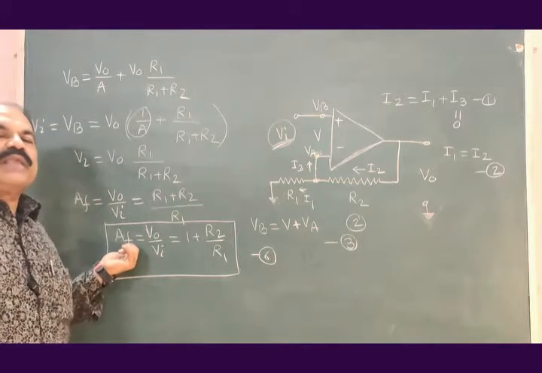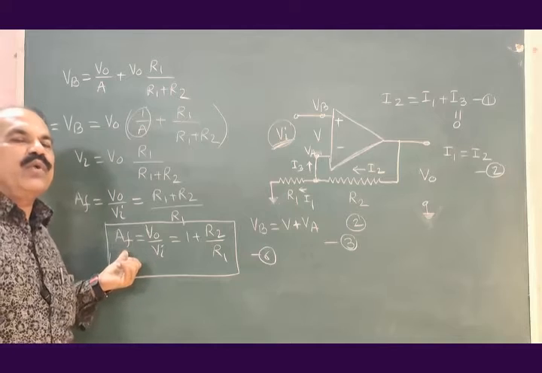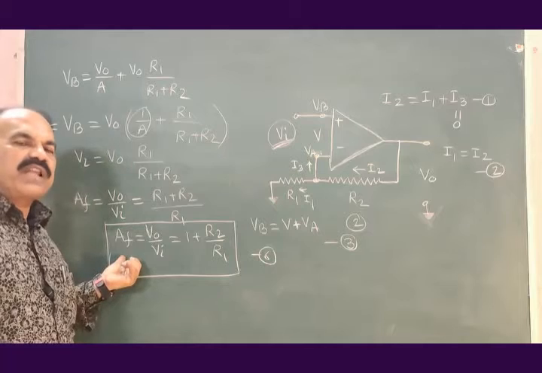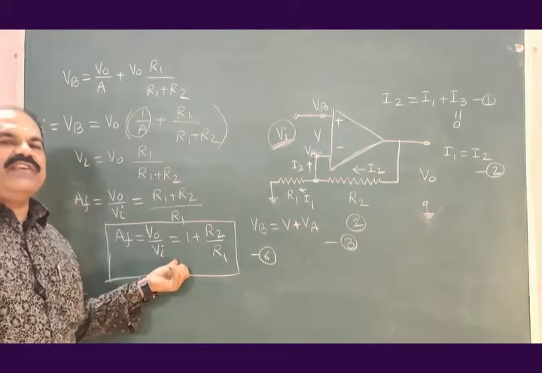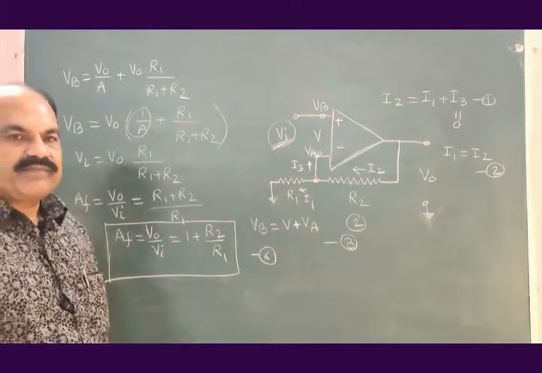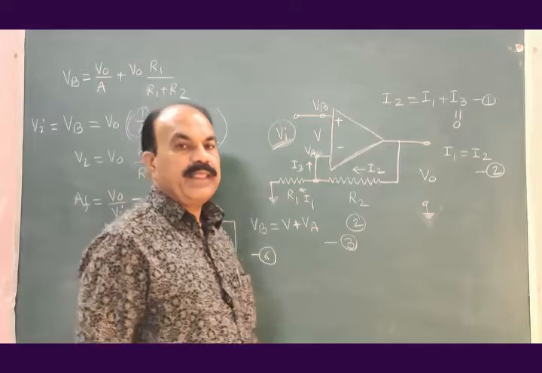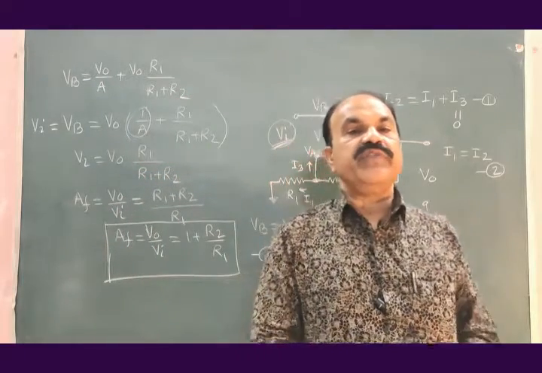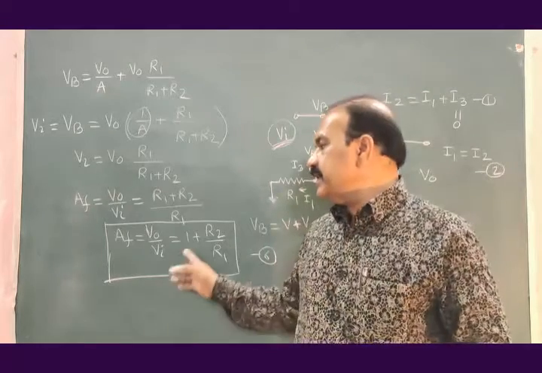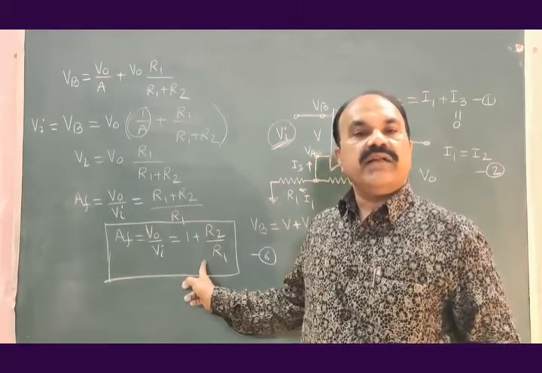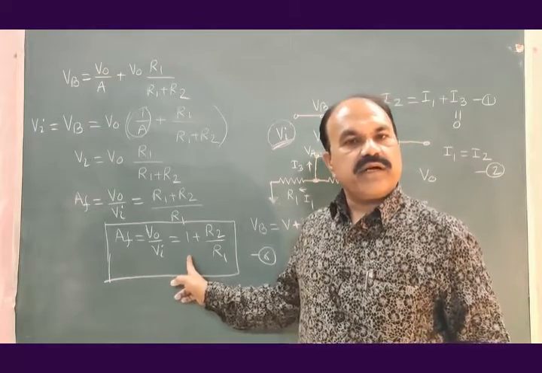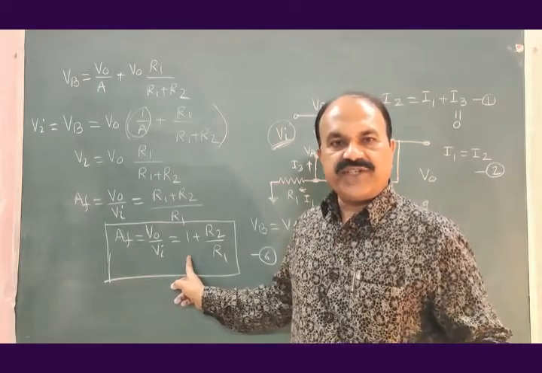So AF, closed loop gain or voltage gain with negative feedback of non-inverting operational amplifier, is Vo by Vi, that is equal to 1 plus R2 by R1. If we observe equation 6, we find that gain of non-inverting amplifier is only decided by R2 and R1 plus 1. 1 is constant, it is numeral, not going to change.